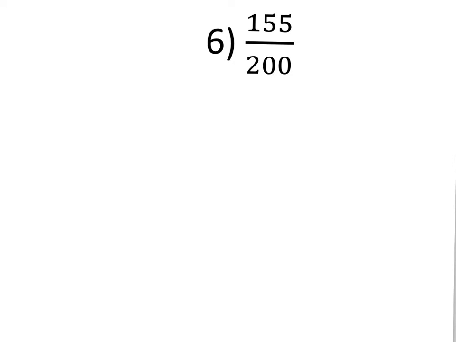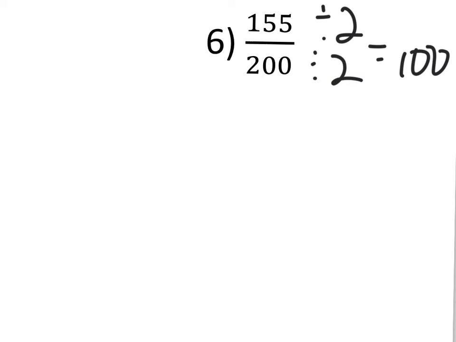With this last one, 155/200. One of the first things we might want to do is, I see that that's 200. I could easily divide that by 2 to get 100. Divide this, it's not going to be even.